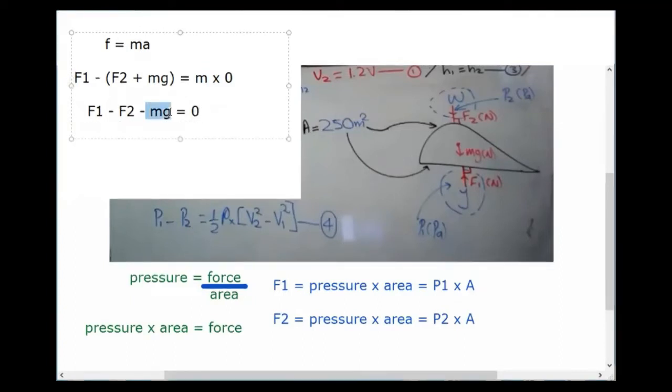Now let me take minus mg to the other side, so it will go to the other side as plus mg. So this side I have F1 minus F2, and minus mg goes to the other side as plus mg. Is it clear for all?